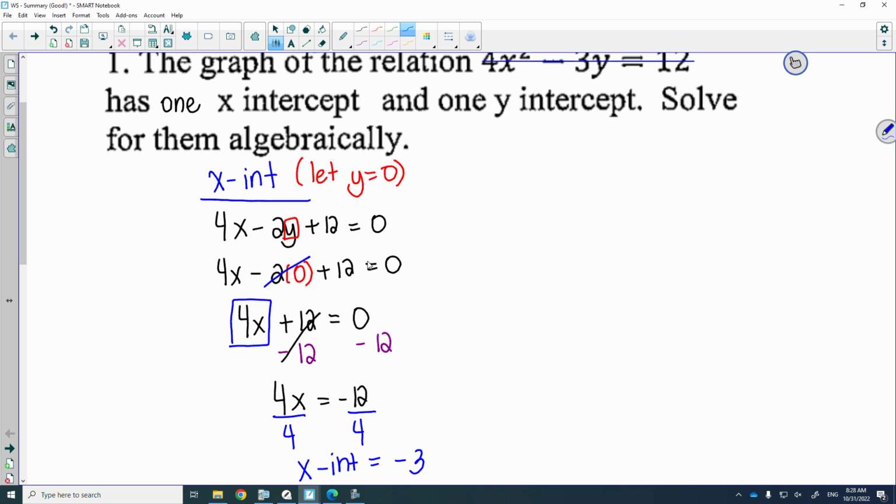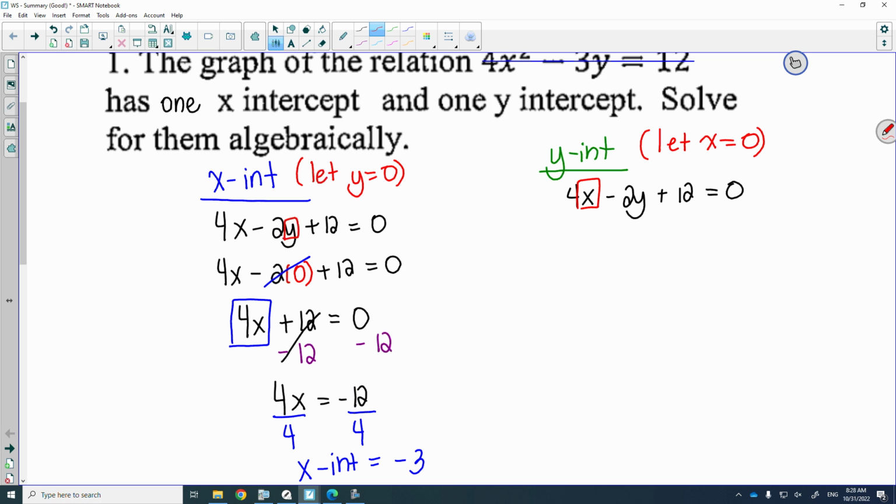Okay, so now we'll do the y-intercept. Gabby, if I'm calculating the y-intercept, what do I do? Yes. Again, first step is you write the equation. Now we're letting x equal 0.